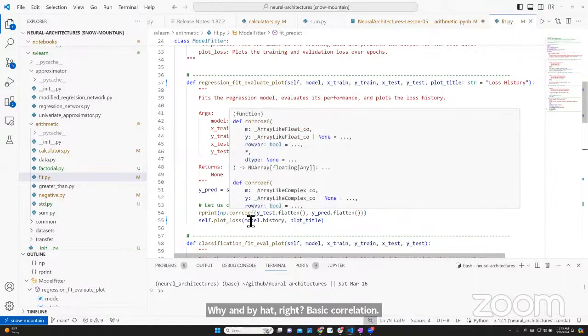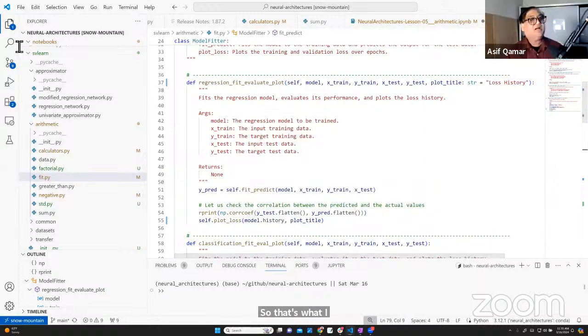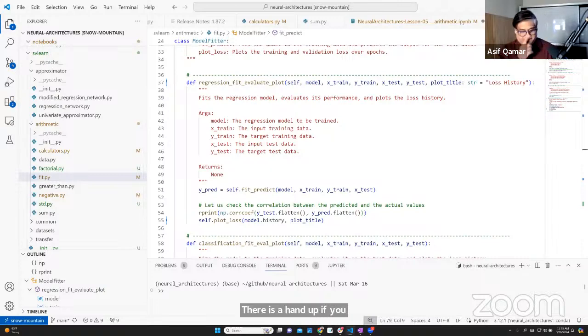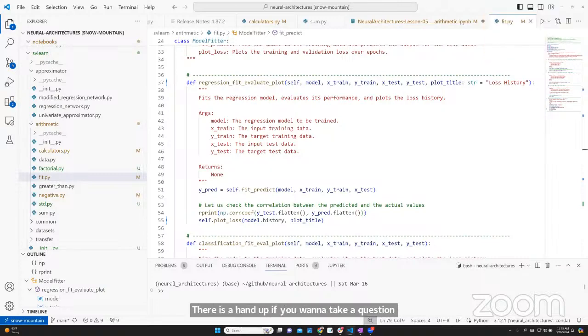Hand up if you want to take a question. Okay, go ahead. So this is for one of the other questions, but for finding the max of the data set that you feed in, I ended up using an L1 loss instead, because that biases you towards extrema.